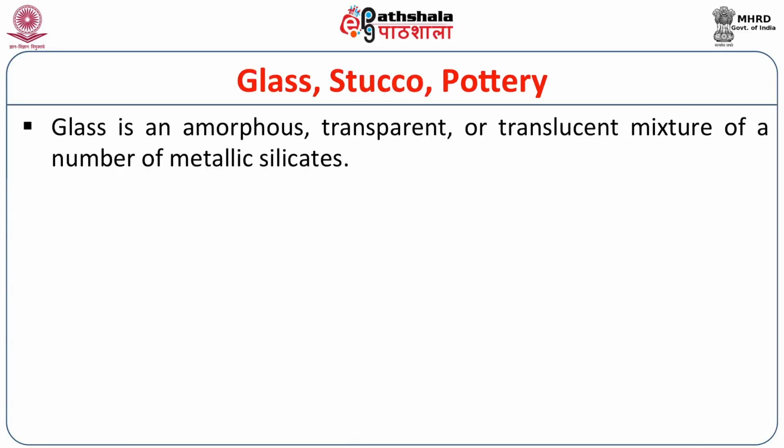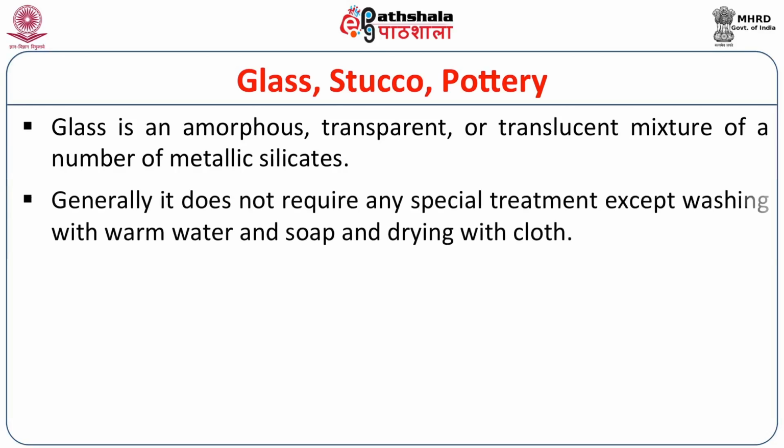Glass is an amorphous, transparent, translucent mixture of a number of metallic silicates. Generally, it does not require any special treatment except washing with warm water and soap, followed by drying with cloth.